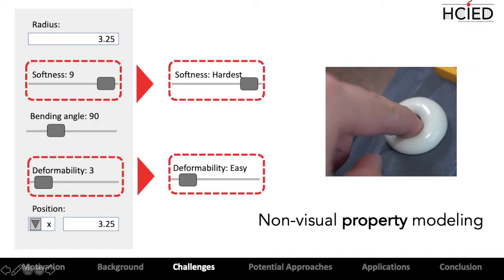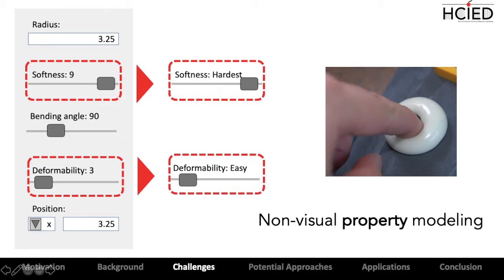So we could probably change this to a representation more familiar to users, using natural language, describing softness from the softest to the hardest, or deformability from easiest to hardest. However, again, this is a subjective feeling, so there are only a limited number of expressions.